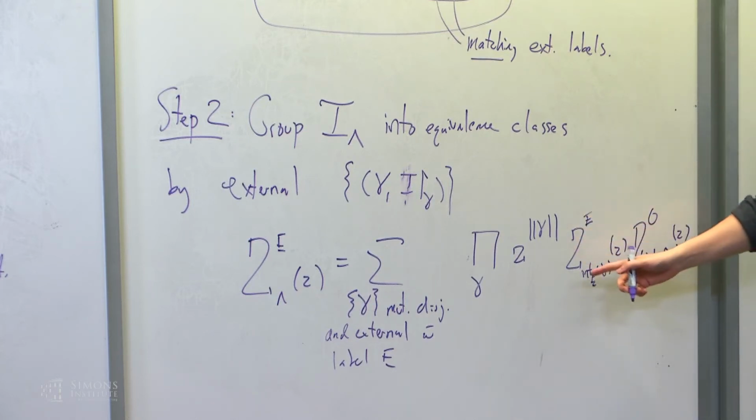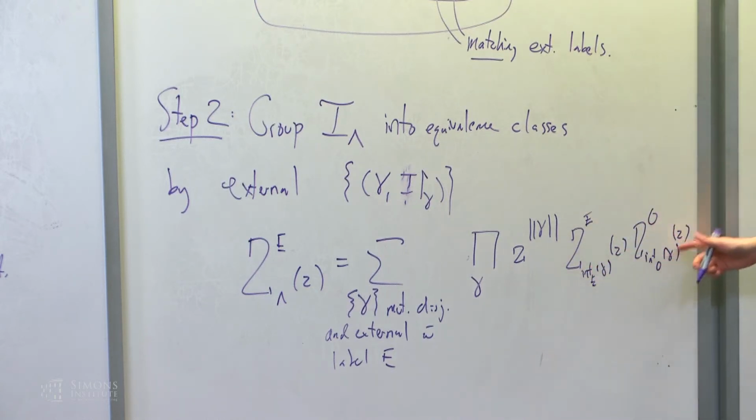But I can still just write the partition function as the product of the partition functions because they're in disjoint sets. And I also have to take the contribution from all of the odd terms. Okay. So, good news. This is a polymer model.